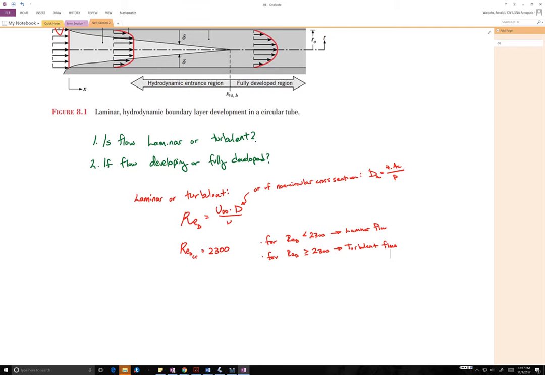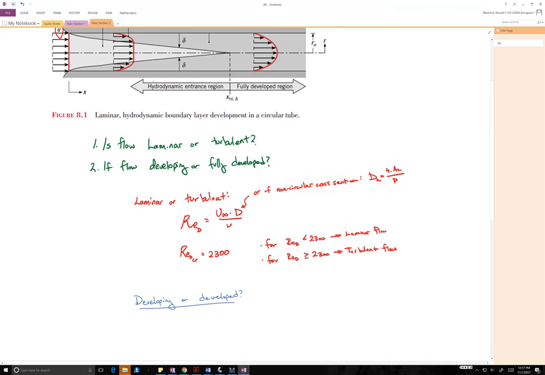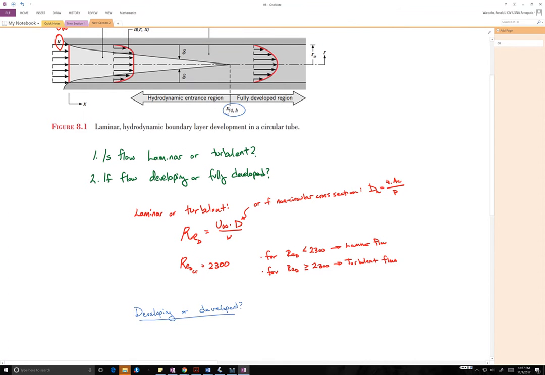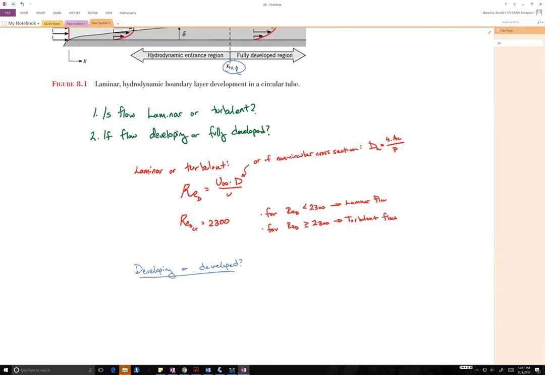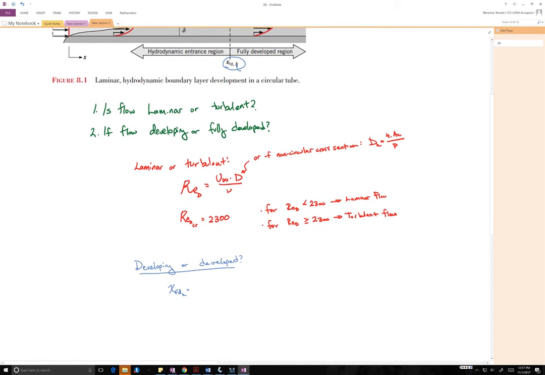To answer this question, we actually need to solve for the location where the boundary layers meet, either hydrodynamically, H, or thermally, T. To do that for internal flow, for the hydrodynamic boundary layers, we set this location equal to 0.05 times your Reynolds number times your diameter.